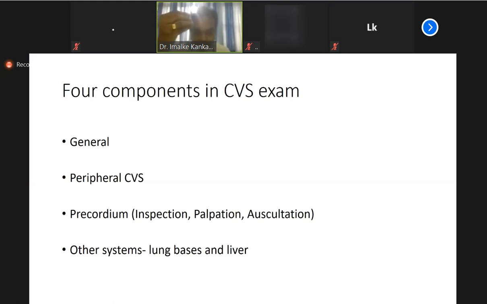And then the precordial examination and associated systems like lung bases and liver. So very rarely you will be given the command "examine the precordium" rather than saying "examine the cardiovascular system." Very, very rare for you to get that.